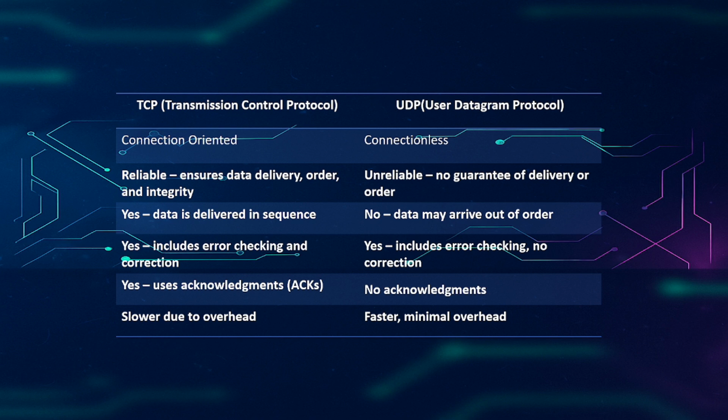And in TCP, everything is delivered in order, whereas UDP does not necessarily deliver everything in order. And TCP has some error checking mechanisms included, but UDP also has it, but there is no correction over there, whereas TCP corrects it.